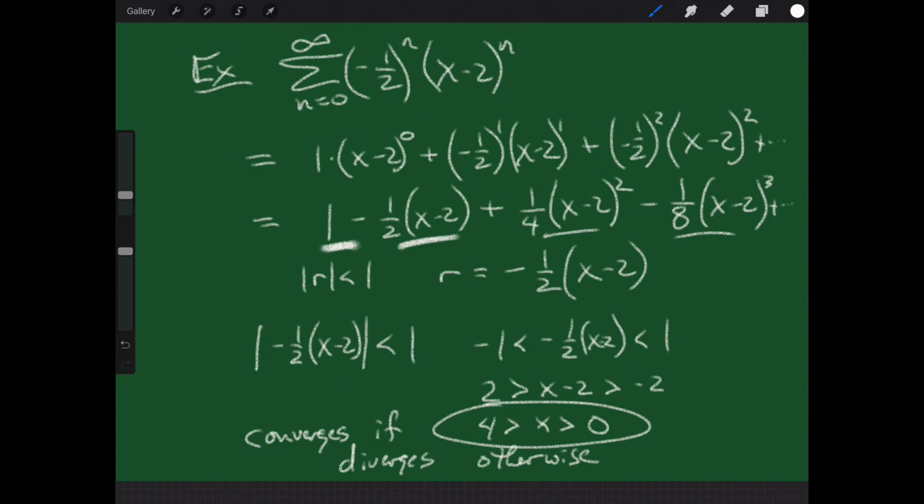So we need a little bit of a definition here. So let me write down a definition real quick. So let's talk about a radius of convergence.